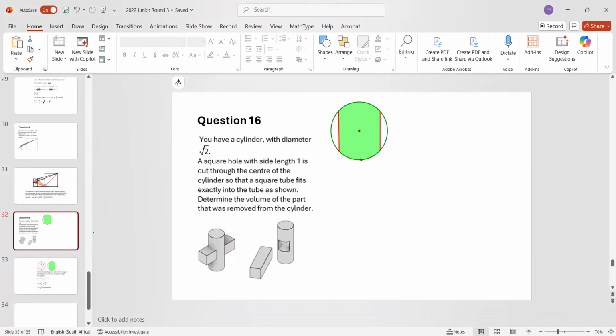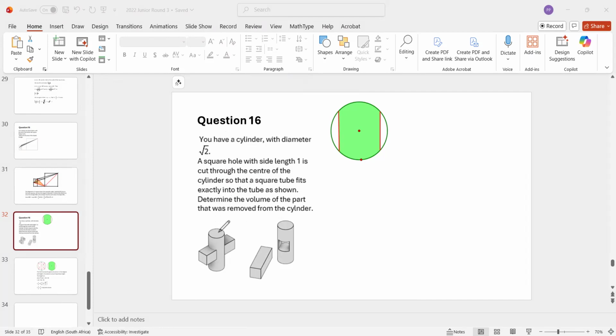Okay, here you have a cylinder with diameter root 2. We're given the diameter is square root of 2, so just bear in mind the diameter of the cylinder is square root of 2. A square hole with side length 1 is cut through the center.